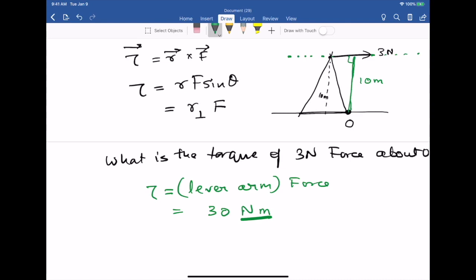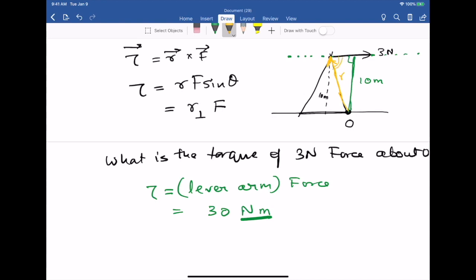All right, so that is how we found the torque in this case. Notice that if you had tried to use the other formula, R F sine theta, what would the R have been? The R would be the vector which starts at O and goes out to the point of application of the force. So that would have been one of the sides of this isosceles triangle. This would have been your R. And then you would have needed to know the angle between R and F, which is this angle.